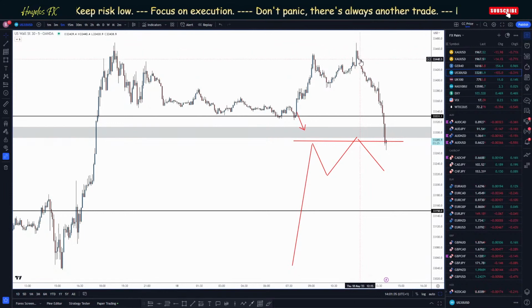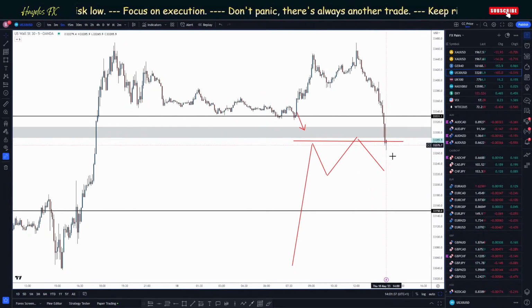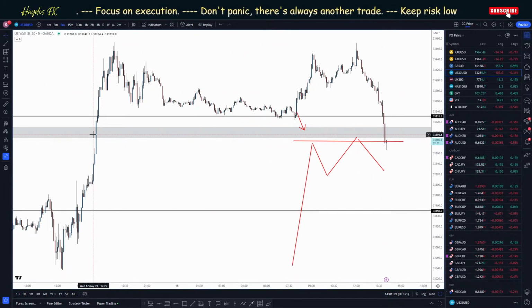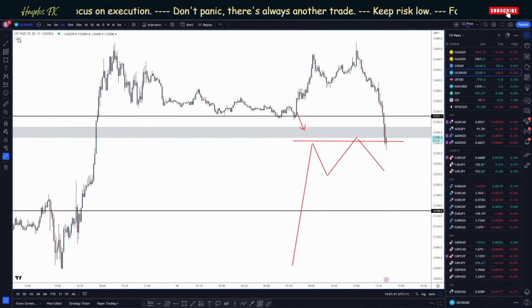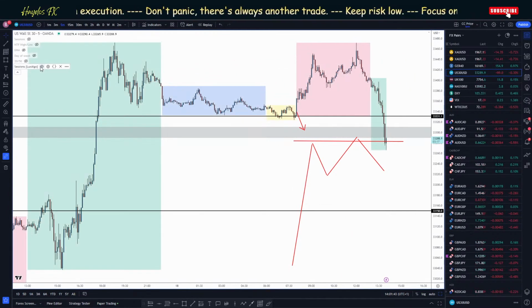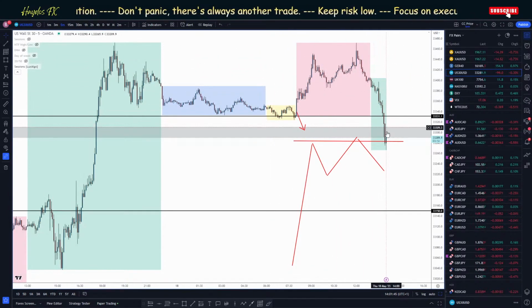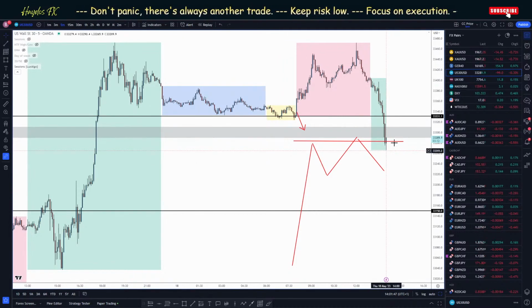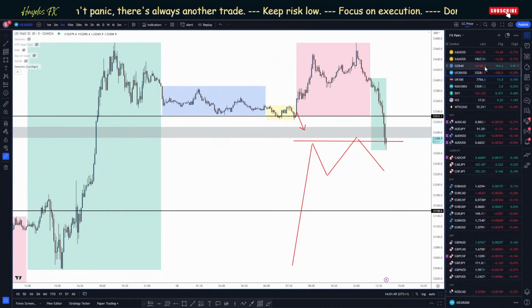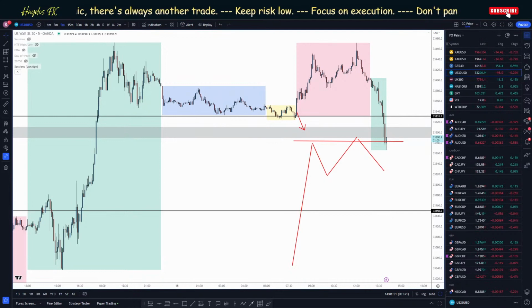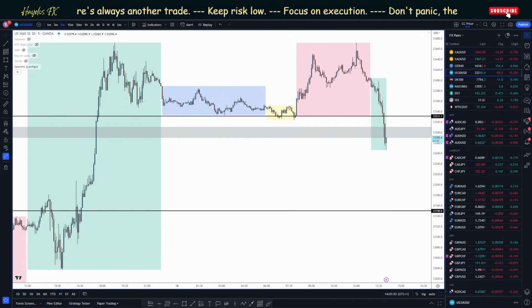US 30 really selling off. It's done a complete recovery. Anyone interested in shorting German?